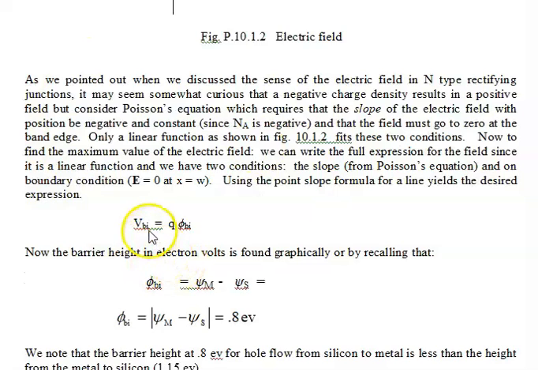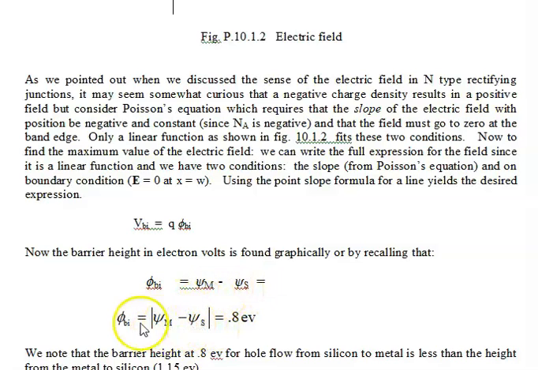To find VBI, now that we got the units right, we multiply by charge, we can find phi BI, because phi BI is just equal to the difference in the work functions between the metal and the silicon. In this case, the metal work function is 4.1. The silicon work function is 4.9.